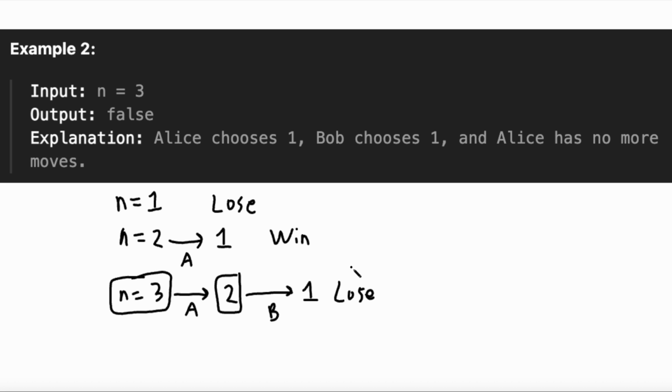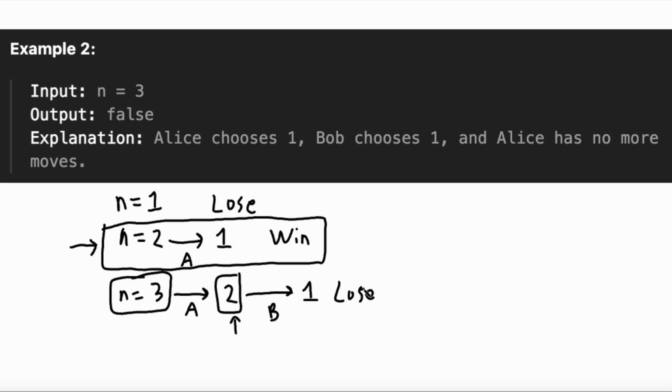So what can we say? We can say that since we know Alice will win if she's given a 2, it must mean that if she is not given a 2, she must lose. When Alice chooses 1, the game gets forced into 2, and we know that 2 is given to Bob. Therefore, we can use this outcome to say Bob must therefore win the game and Alice must lose.